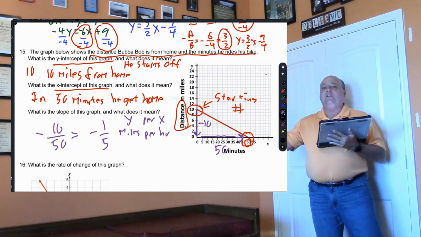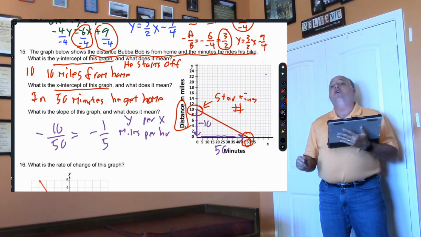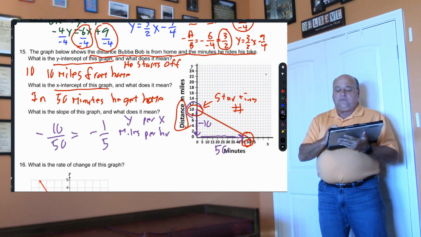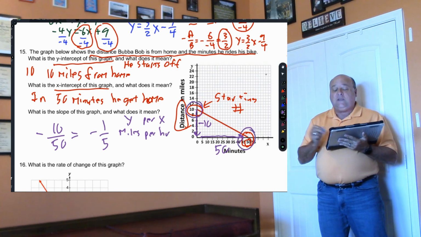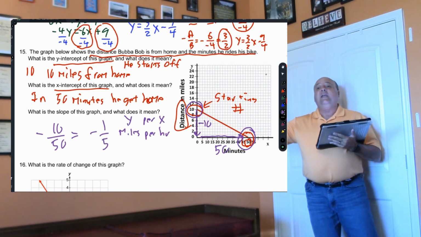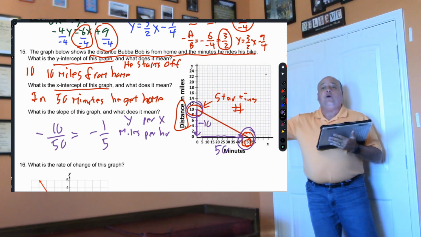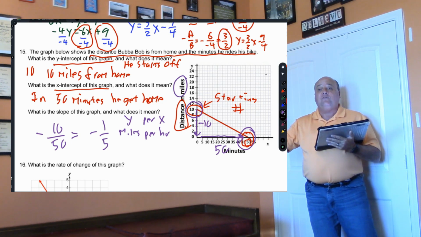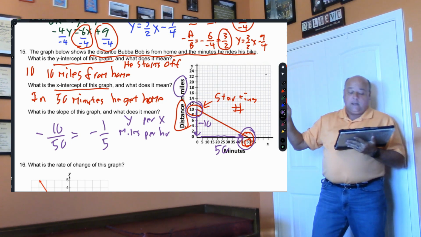So it's negative 1/5 miles per hour. Just make sure on this graph, you know what the y-intercept means, and you know what the x-intercept means. The y-intercept's what you start off with. The x-intercept is when you run out of y. So this problem here, it's when you run out of miles away from home, or when you get home.